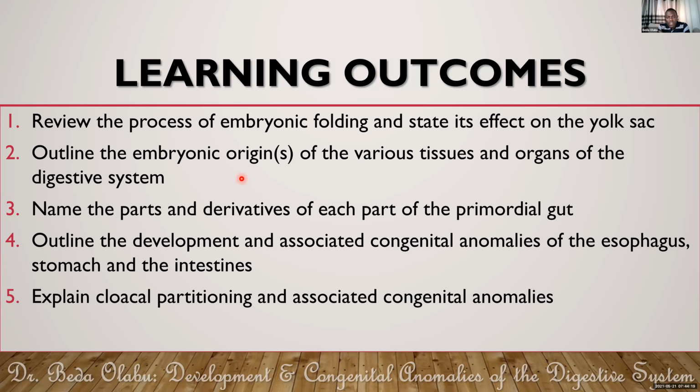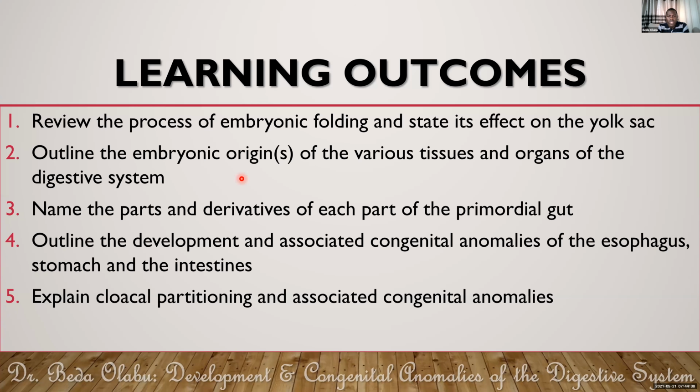Then there's something called the cloaca. I know you've talked about the cloaca when you're doing urinary system. We will also talk about it when you're doing reproductive system. And we are also going to talk about it today, now that you're doing the gut.